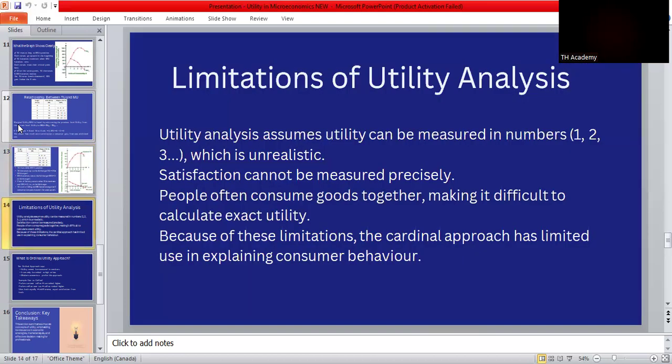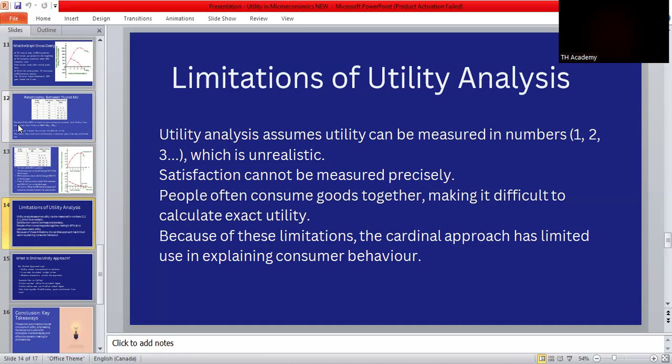Now let's talk about the limitations of utility analysis. First, it assumes that total utility can be measured in numbers like 1, 2, 3, which is not really possible in real life. Satisfaction can't be measured precisely because happiness is personal and different for everyone.